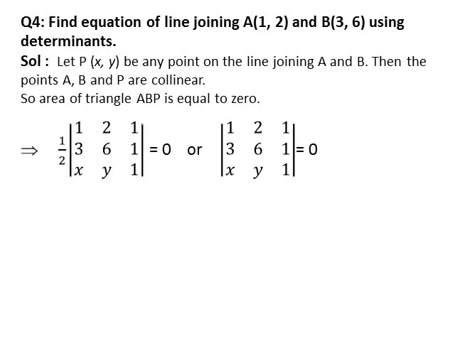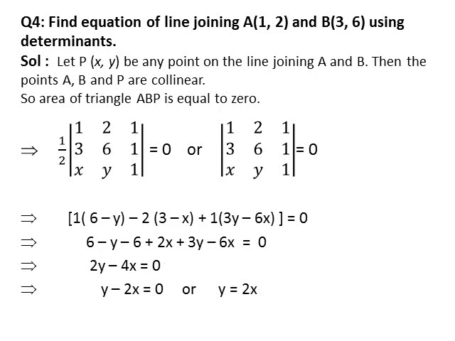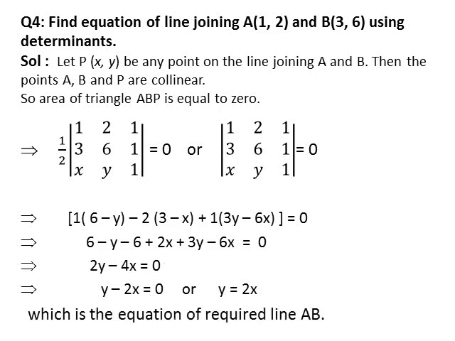Now, using the determinant, we calculate the area of the triangle. Because the area of this triangle is 0, the value of this third order determinant must be 0. To find the value of the determinant, expand it along R1 as shown here. Then put it equal to 0. Simplify it. We get y minus 2x equals 0, which is the equation of the required line AB.